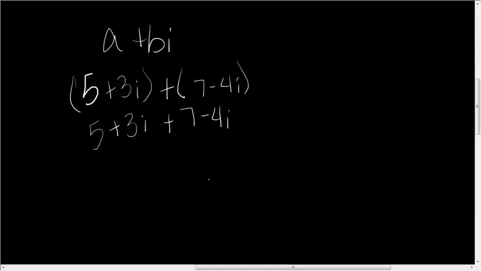I'm going to combine my real numbers to get 12, and I'm going to combine my imaginary numbers, 3i plus negative 4i, to get minus 1i. Or you could write that 12 minus 1i, or you got 12 minus i. Those would all be the same thing. And that's all there is to adding.